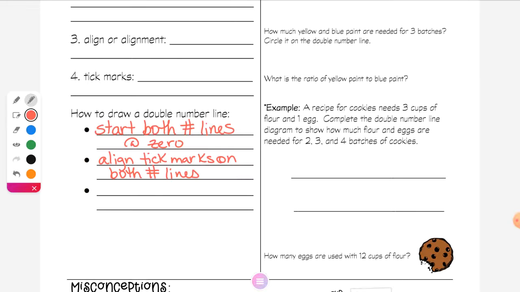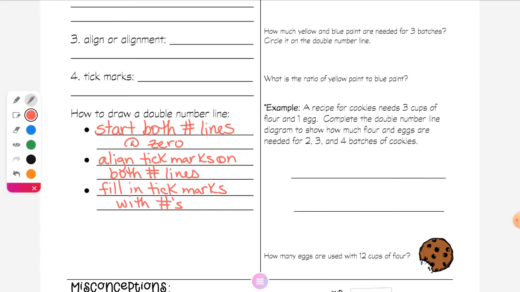And then I'm going to write fill in the tick marks with numbers. Now, I'm not putting on here what we're counting by or how many tick marks because that will depend on each individual problem. So for each problem, that will be slightly different.